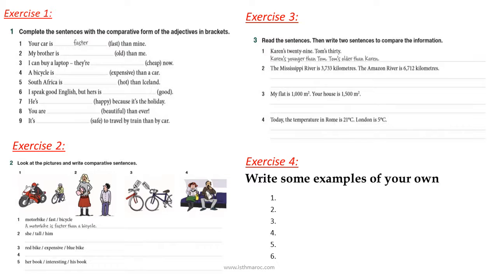Exercise 4, and finally, write some examples of your own. This has to do with your own capacities and your own information. So we have only these four exercises. I think they are a piece of cake. I wish you very good luck with that.